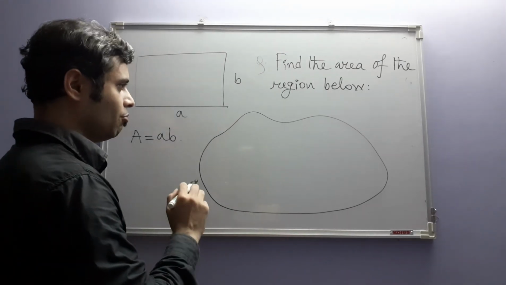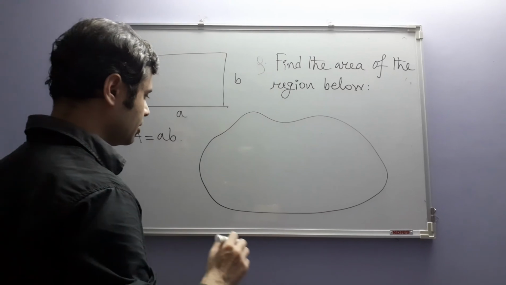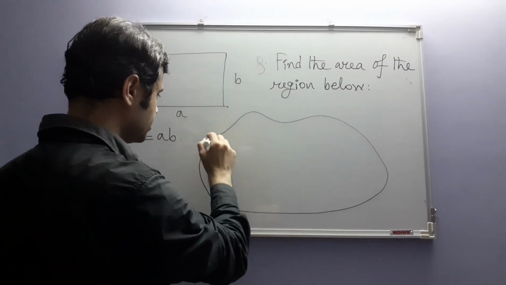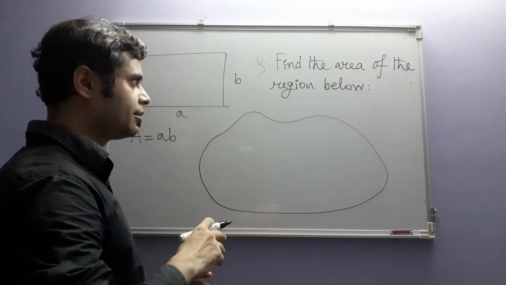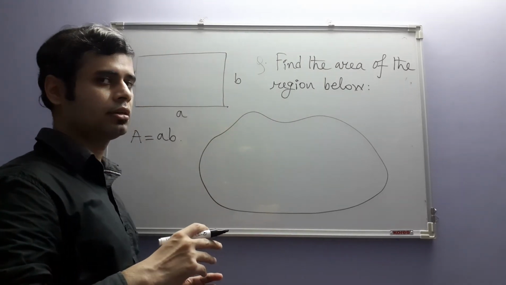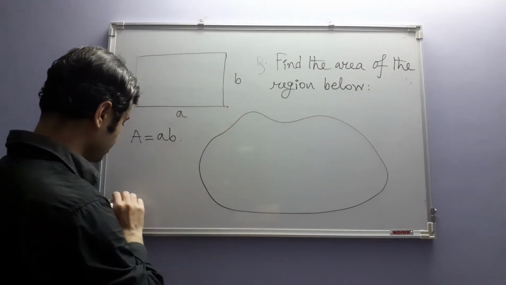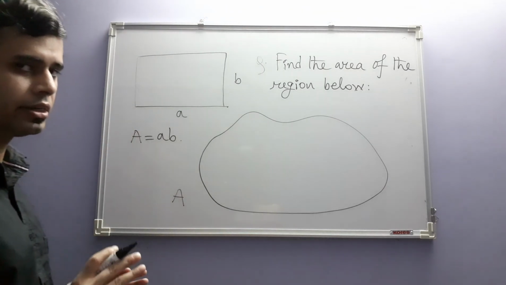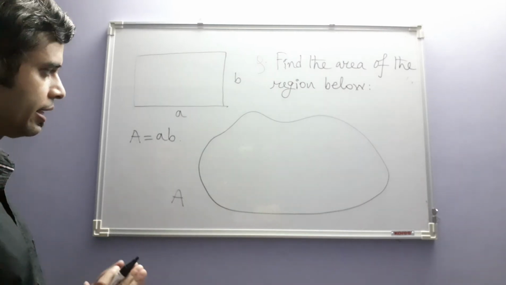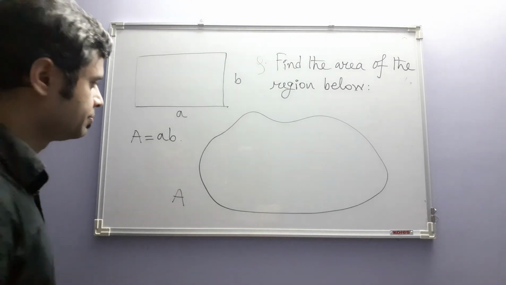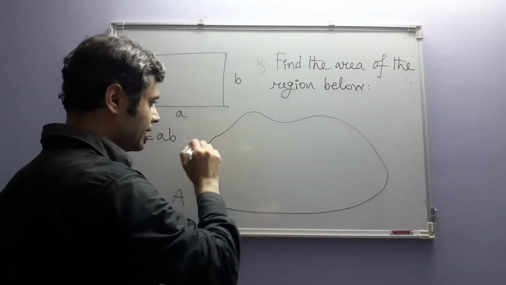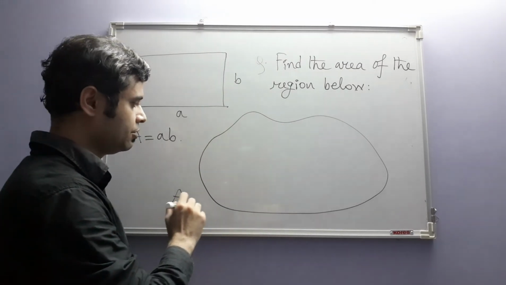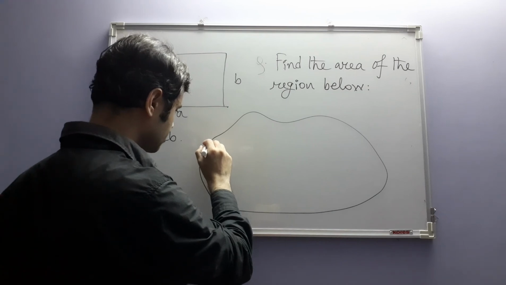So one way of attacking this problem is this. Instead of trying to find the exact area, let me denote the exact area by A. Suppose there is some value of exact area which we don't know.